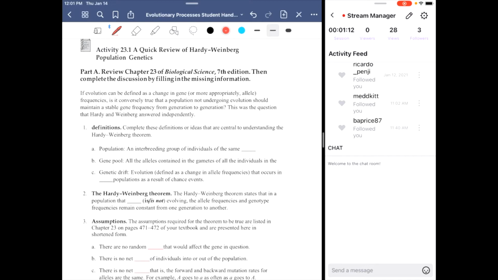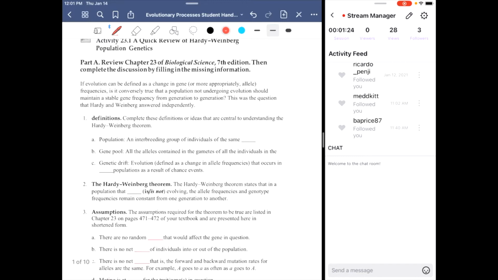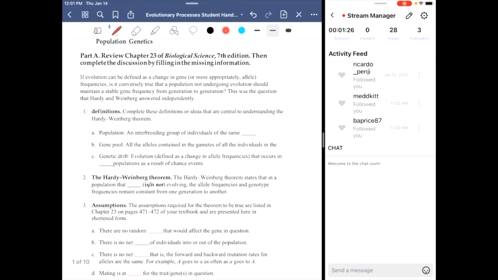Let's first look at some important definitions that are central to understanding the Hardy-Weinberg theorem. The first one is population, which is an interbreeding group of individuals of the same species. Then a gene pool is all the alleles contained in the gametes of the individuals in the population.